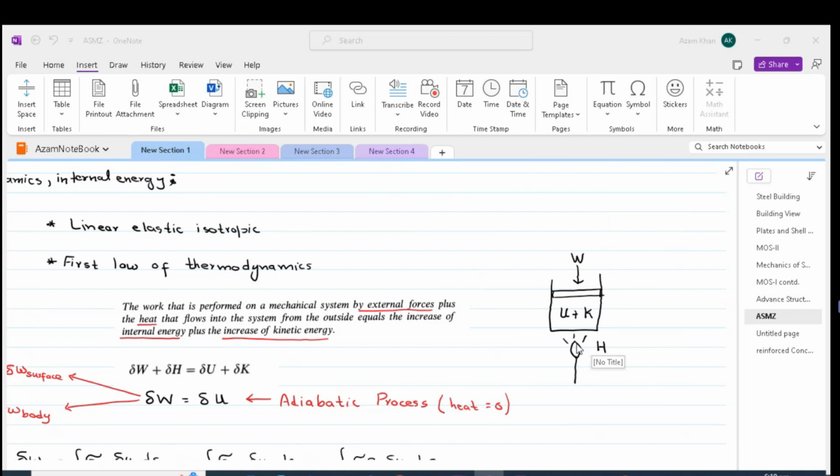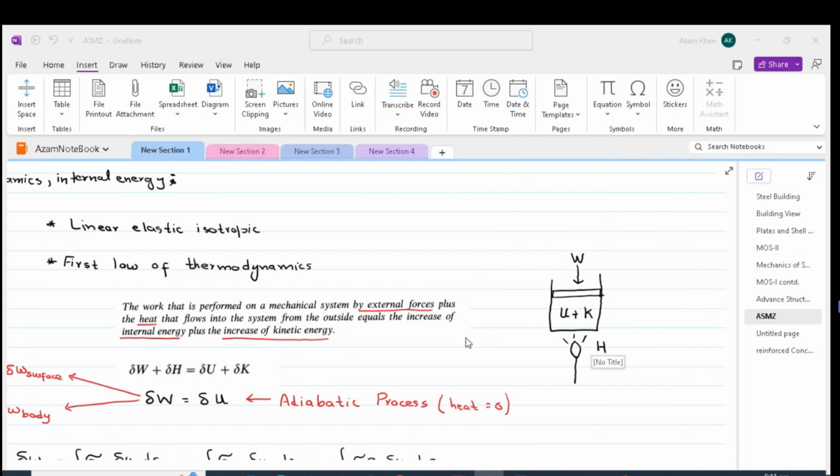Heat is the thermal energy flowing into the system, and it is also subject to some external loading, which is shown as W. The first law of thermodynamics states that the work performed on a mechanical system by external forces, which is W, plus the heat that flows into the system from the outside equals the increase of the internal energy plus the increase of the kinetic energy.